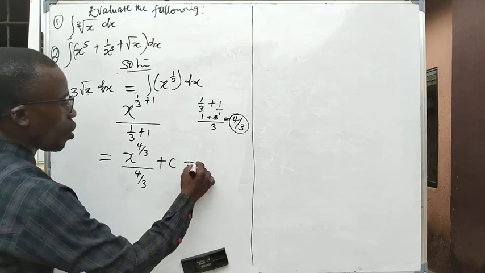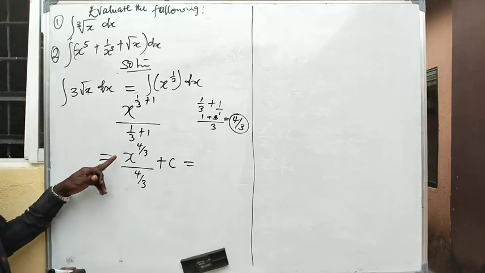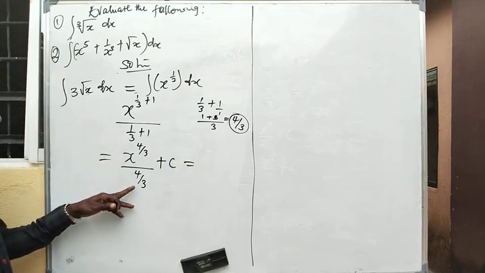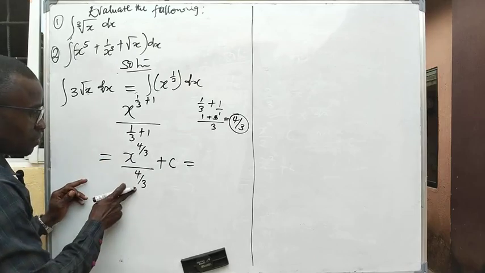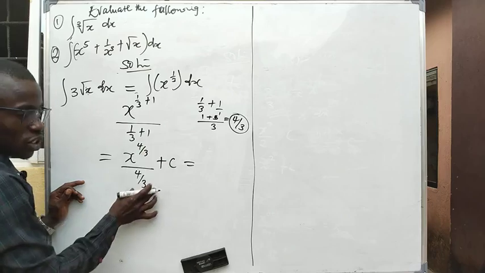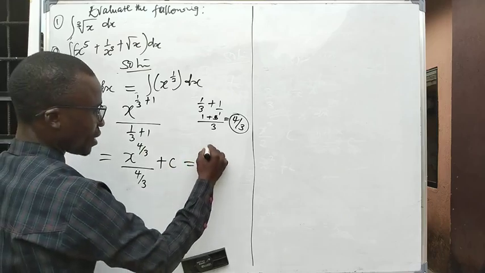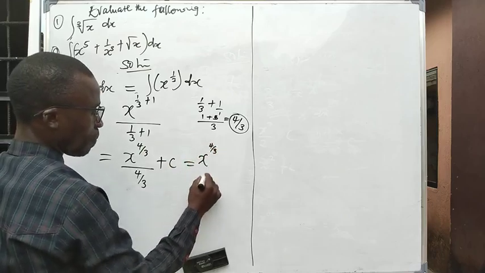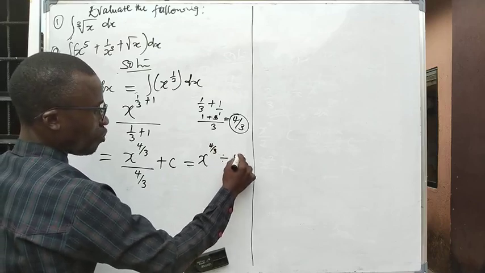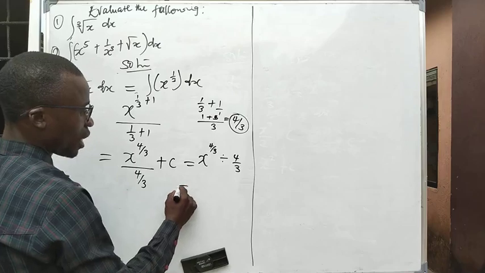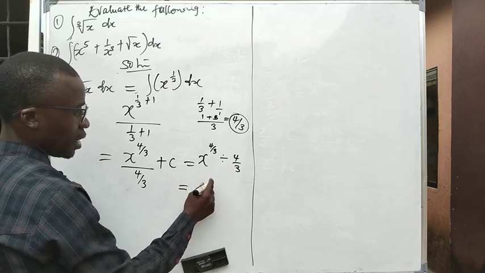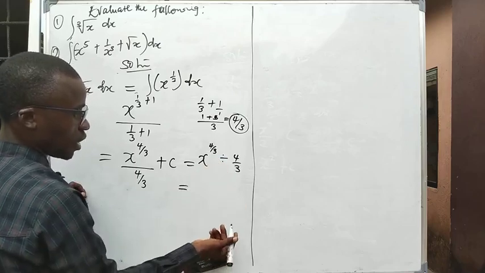Now the whole of this can be simplified. Remember, this is division. This is power. Here is not a power. So we can write it as x raised to power 4 over 3 divided by 4 over 3. To make it simpler, change the division to multiplication.